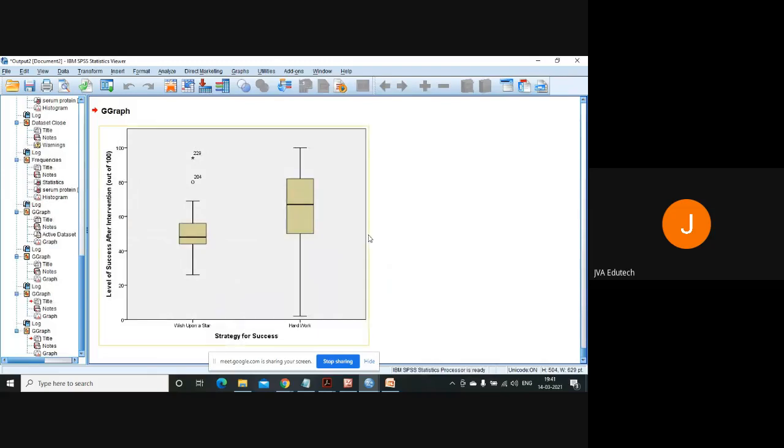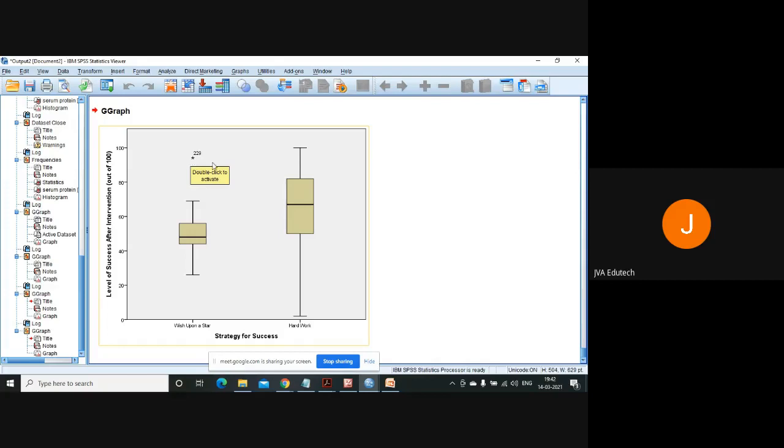Now you have the median values for both who wish upon a star and hard work, for their success level. Here you can see that this one, 229, is marked with an asterisk.